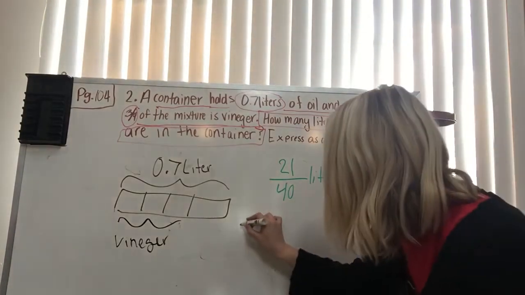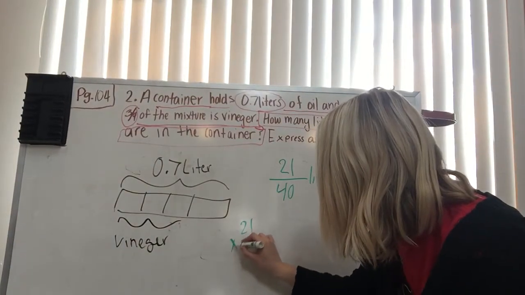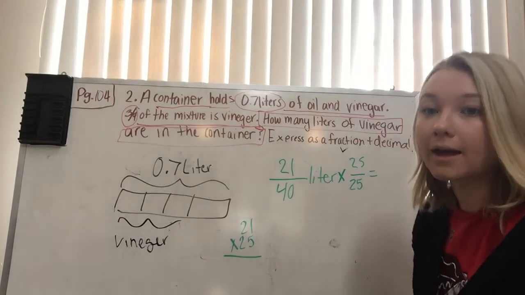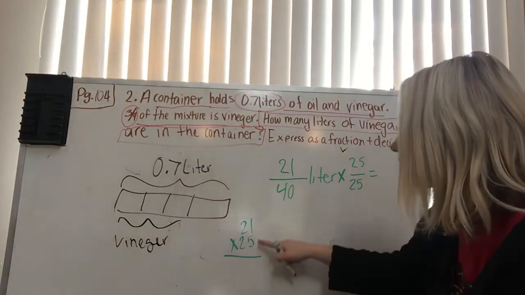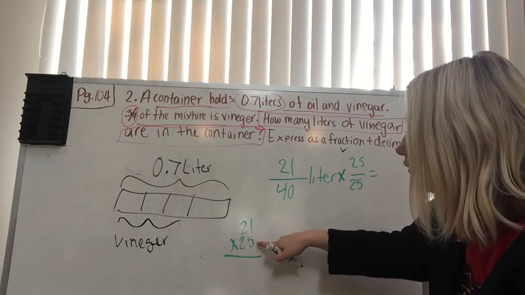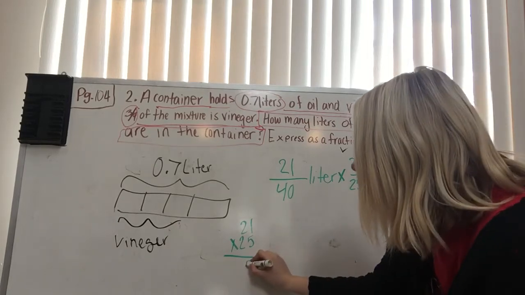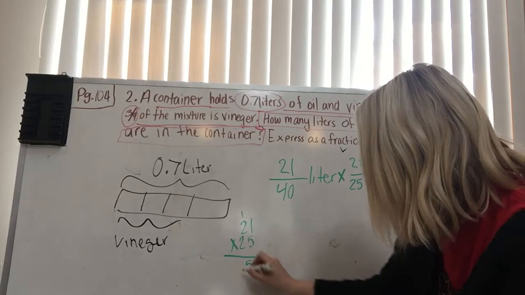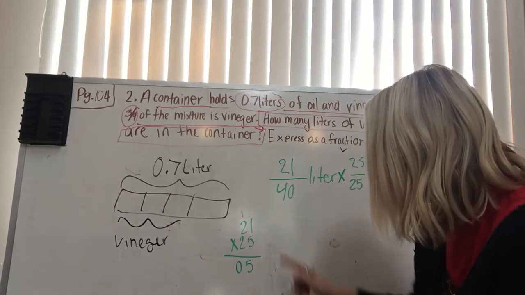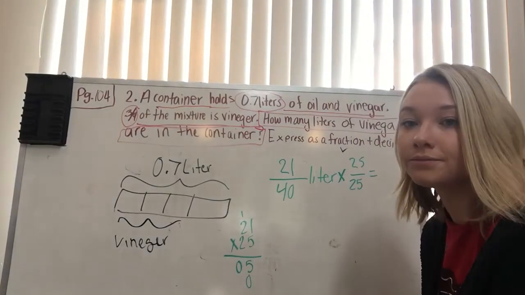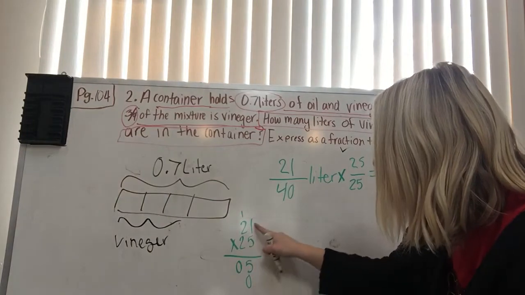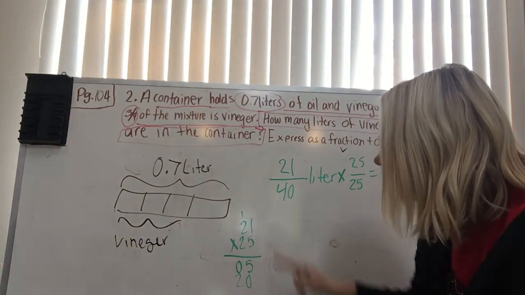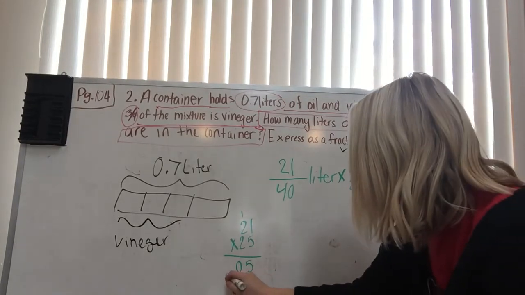Miss Sullivan, I can't do it. Yes, you can. If I don't know what 21 times 25 is, I know that 5 times 1 is 5. 5 times 2 is 10, so I'm going to carry the 1, and then I'm going to add a 0. Then 2 times 1 is 2, and 2 times 2 is 4, plus the 1 is 5.